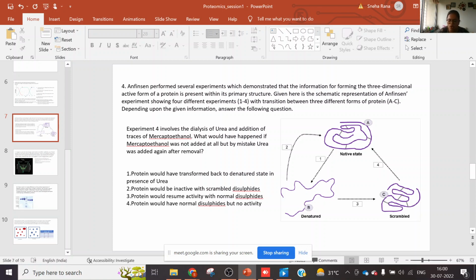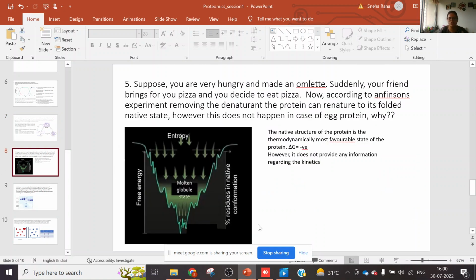But it will not happen in all kinds of enzymes or proteins. Although it is possible, it will not occur. That is what I want to say, and that's why I included this question.